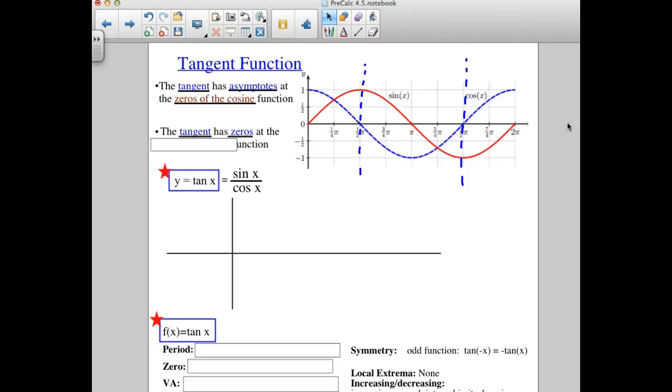Which coordinate would be 0 to give me 0 for an answer? The sine, the y-coordinate, right? So we have zeros wherever the sine curve hits 0. So for our graph, sine is red. We're going to have a 0 here, here, and here.